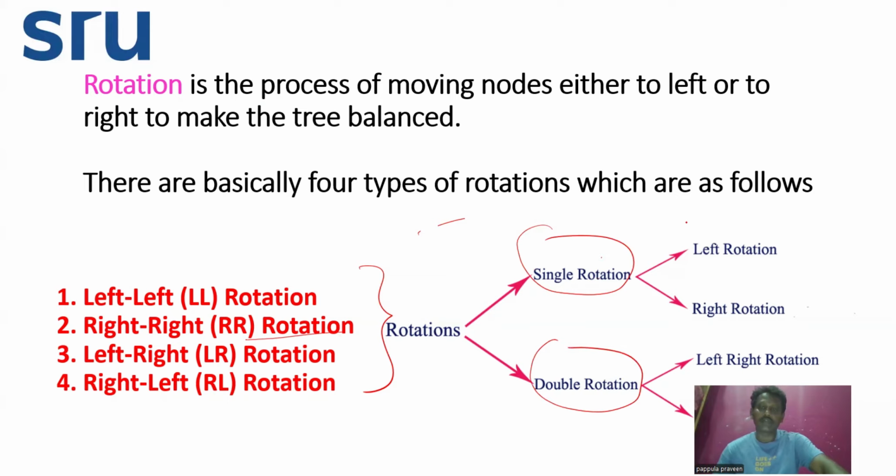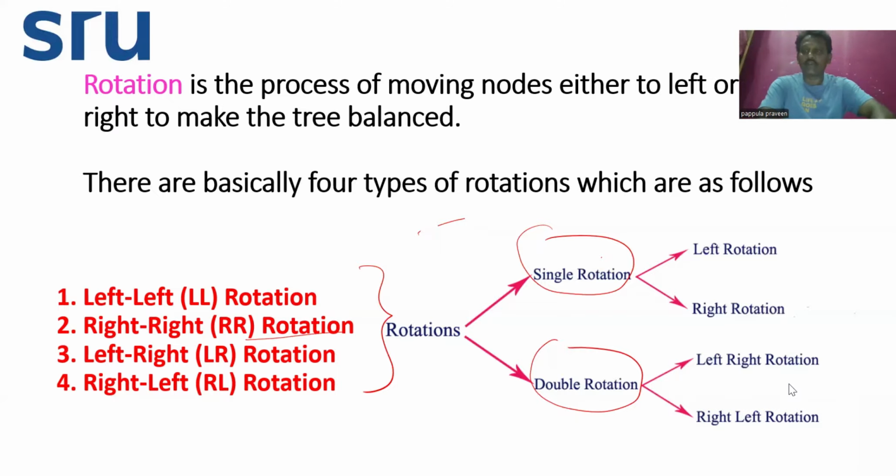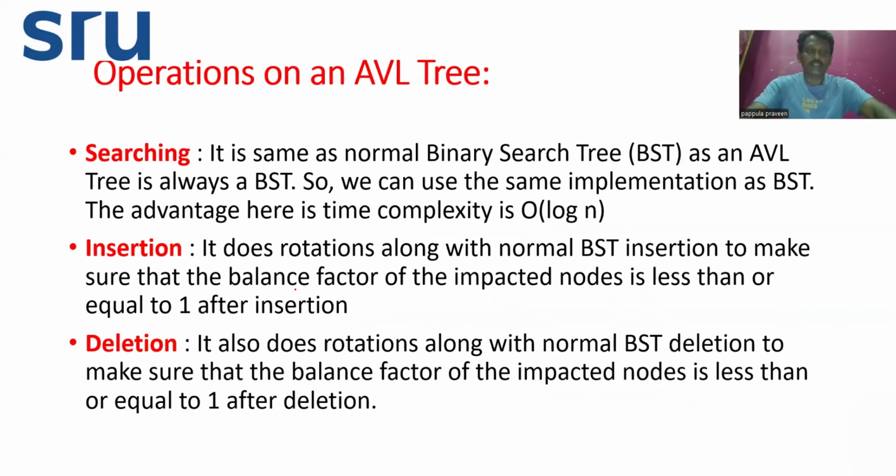Single rotation again has 2 types, that is left rotation and right rotation. Double rotation has 2 types, that is left right rotation and right left rotation. These 3 and 4 are the double rotations, and 1 and 2 are the single rotations. Now we will discuss these rotation techniques.